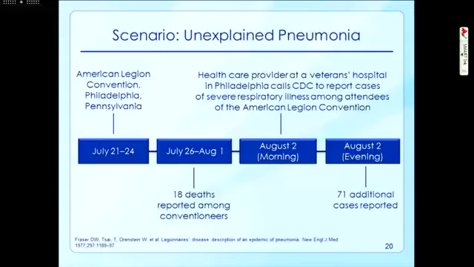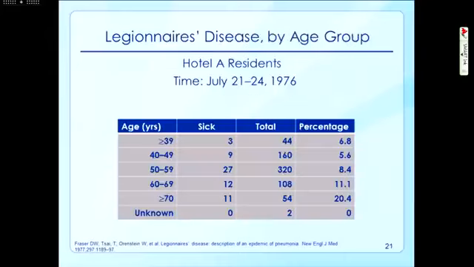The goal of the investigation was to find out why these conventioneers were becoming ill and in some cases dying. These cases of unexplained pneumonia were investigated and subsequently given the name Legionnaire's disease because of their association with attendance at the American Legion Convention in July of 1976.